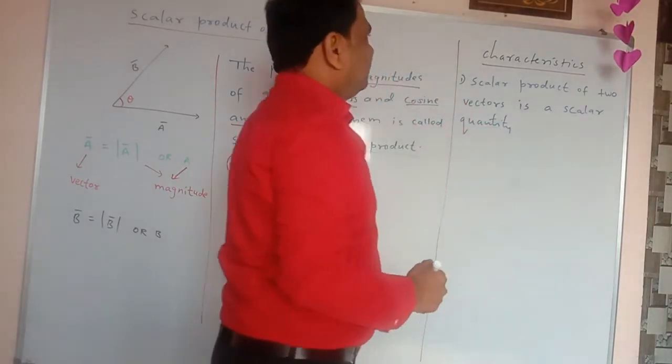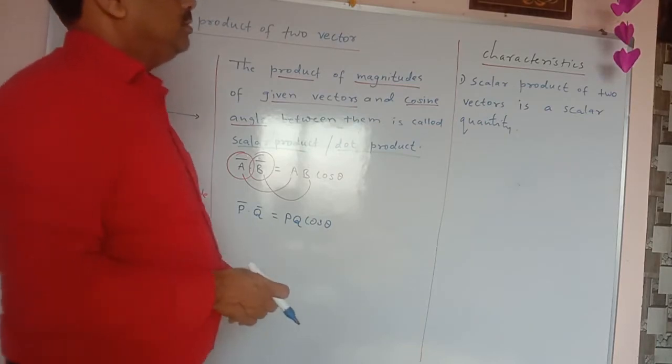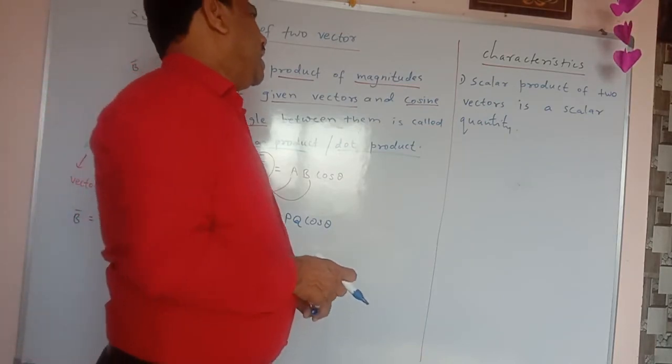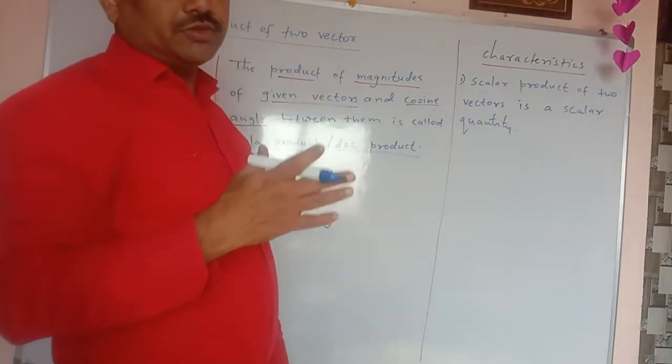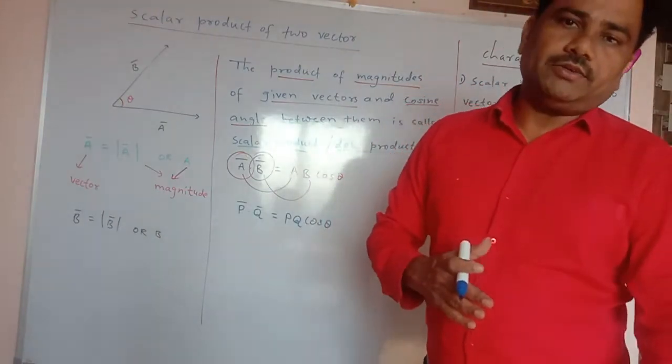So this is the first characteristic of the dot product, meaning whatever the dot product of these two given vectors may be, that dot product is definitely a scalar quantity.